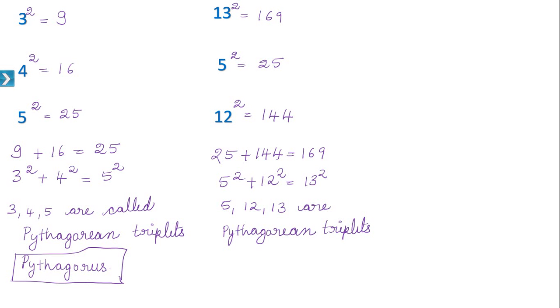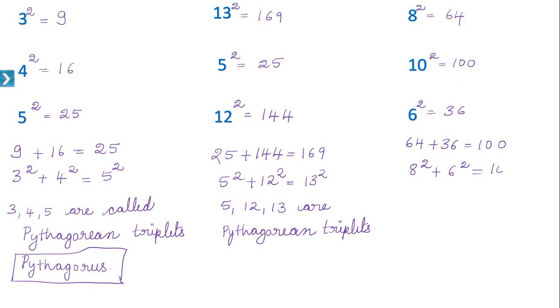Now, let us see one more set of Pythagorean triplets. 8 square is equal to 64, 10 square is equal to 100, 6 square is equal to 36. Observe here, by adding which two numbers you will get the third number? 64 plus 36 is equal to 100. 64 means 8 square, 36 is 6 square, 100 is 10 square.